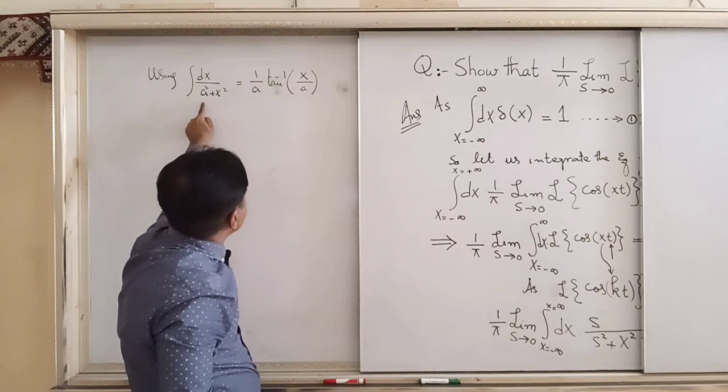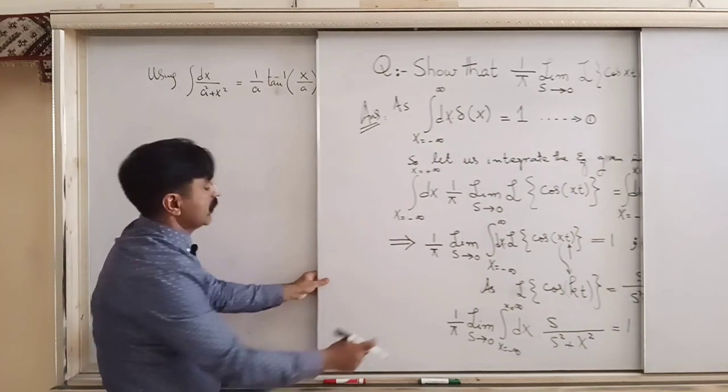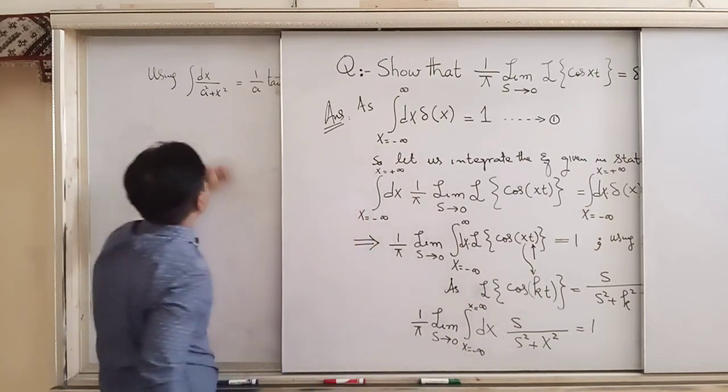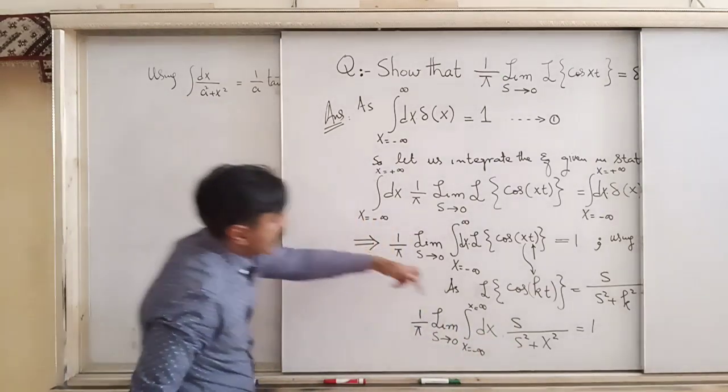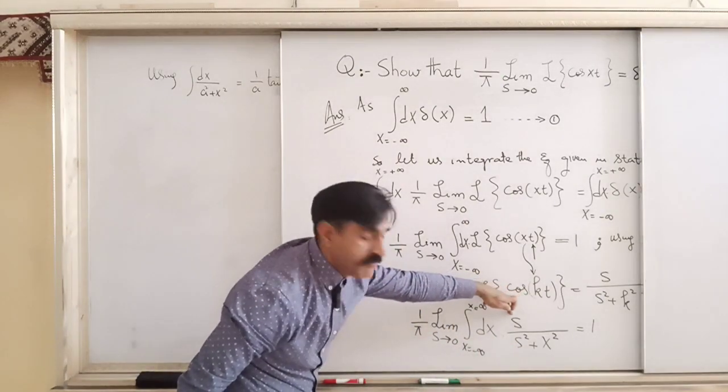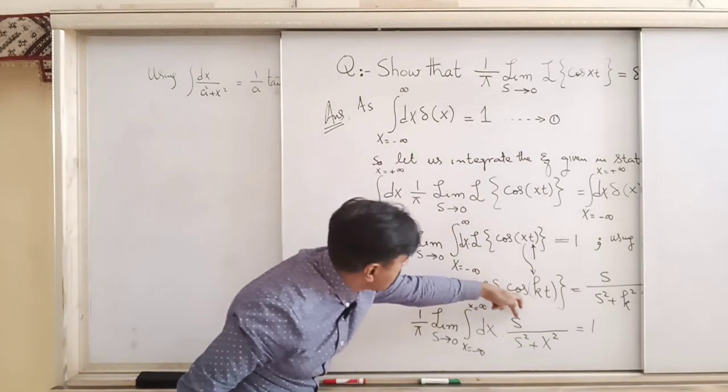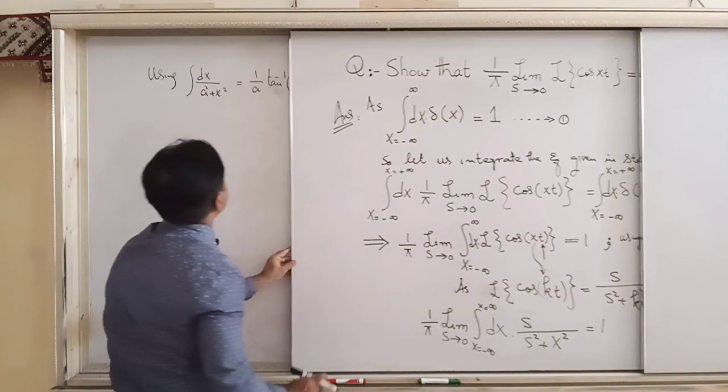And when you use this relation here, in place of a you have s, and x is the same, and this s is a constant with respect to x, and it can be taken out.